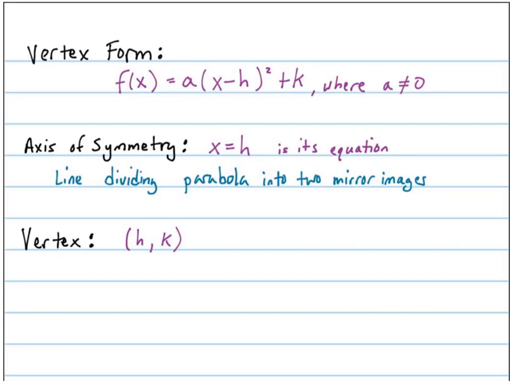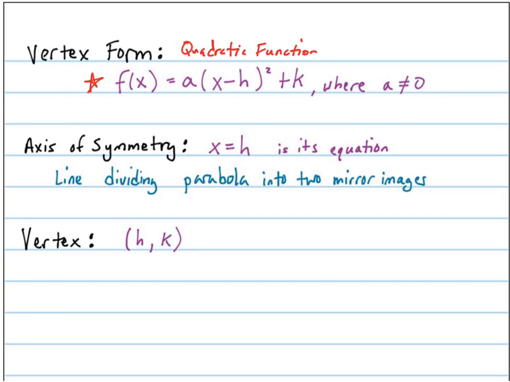So vertex form is when you have a function f of x where you have a times x minus h squared plus k. So this is the vertex form of a quadratic. Make sure when you put this in your notes, you star it, because we're going to be using it a lot today. So we've got f of x equals a times the quantity x minus h squared plus k, where a does not equal 0.